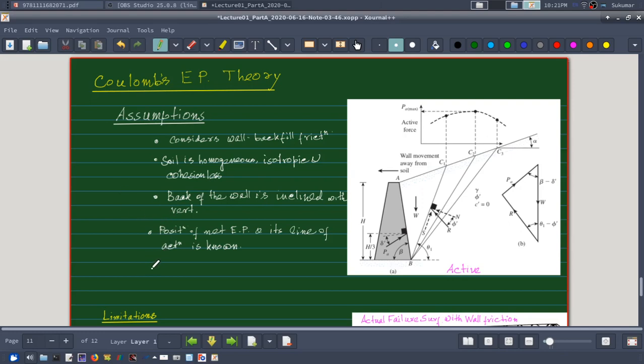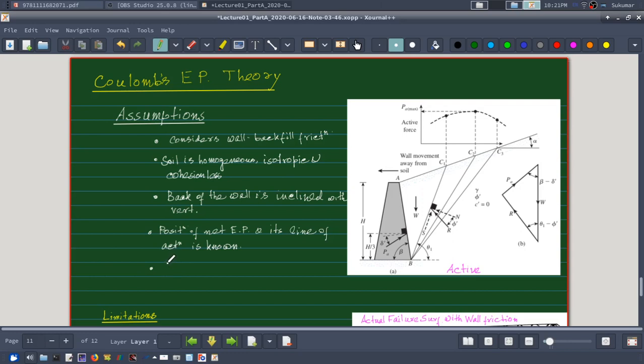And it also assumes that the soil is a rigid plastic material. So when the soil fails due to active or passive condition, a rigid block of the soil is there which is applying forces on the wall. Okay, so soil fails as a rigid block. That is one more assumption.